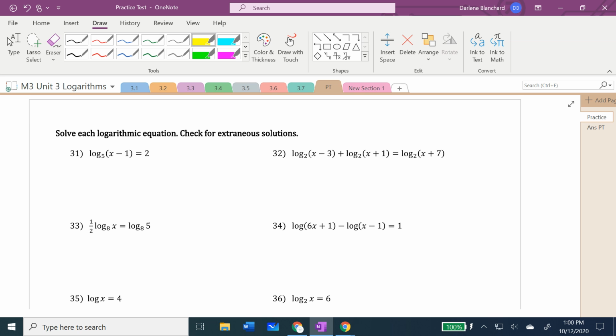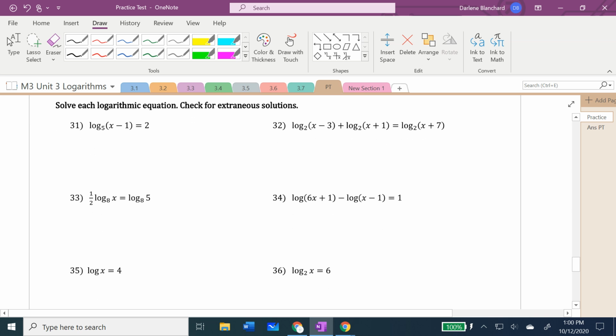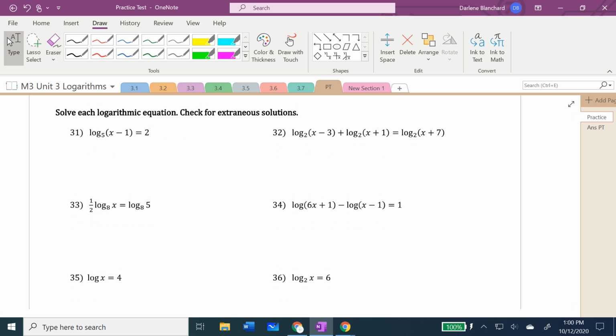So this would be valuable. Everybody, just look at the screen. I want you to decide which of these logarithms are condensed and which of them are not condensed, and you need to do something to condense them first.